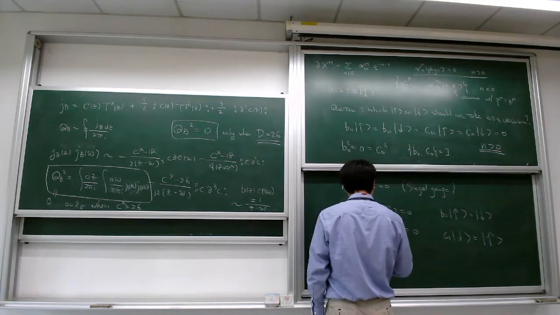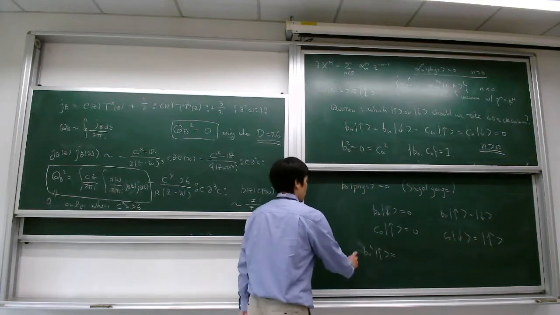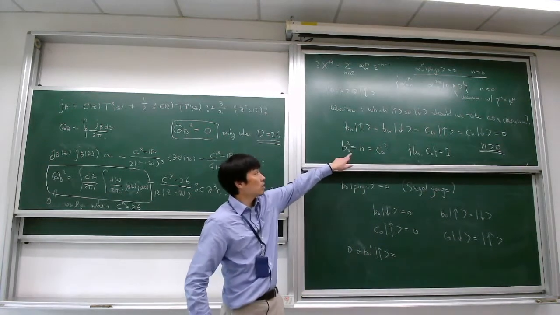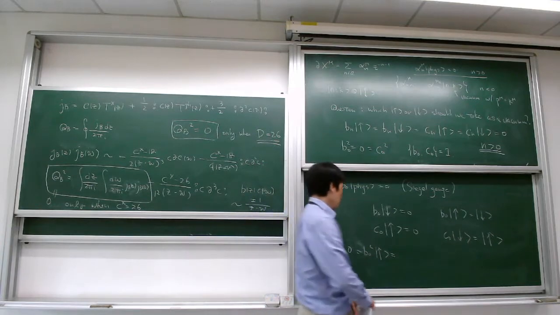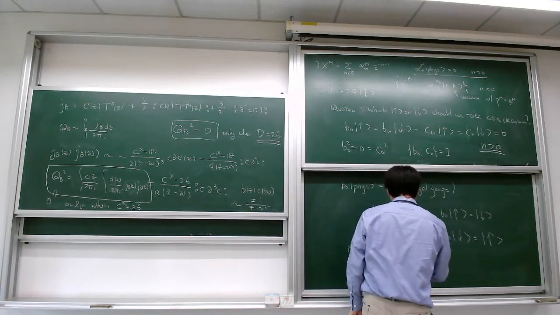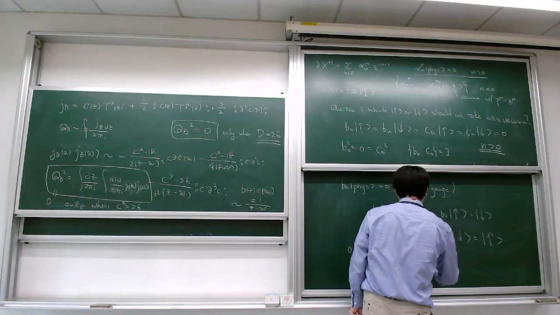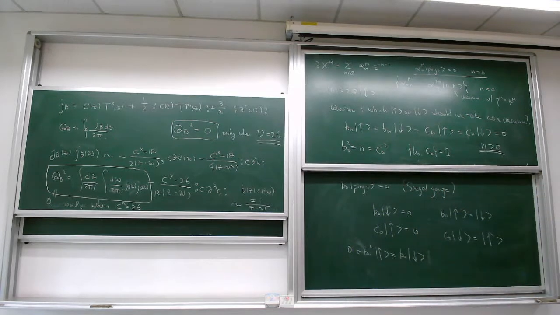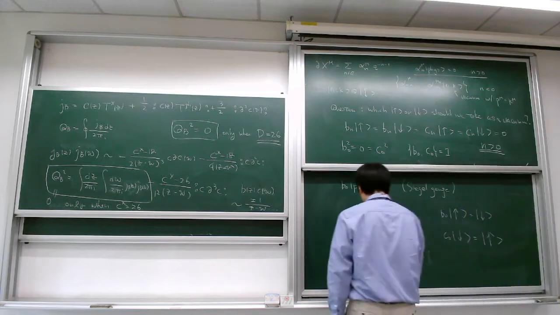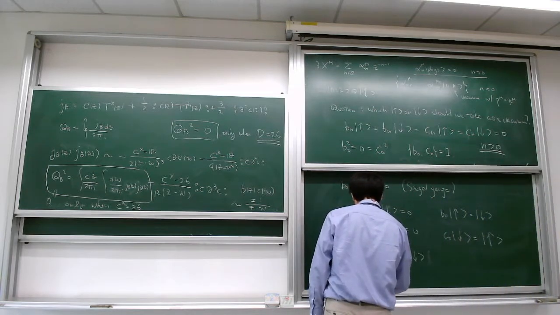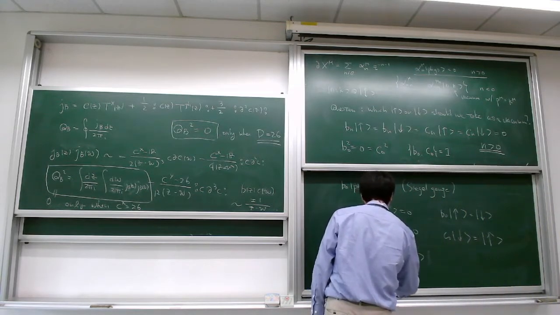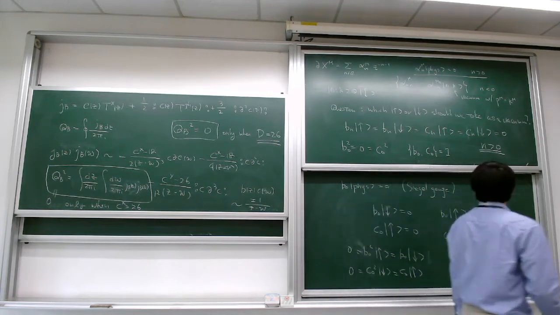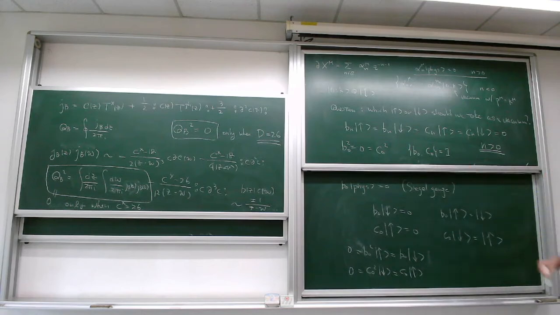Since b0 squared is equal to 0, this should be 0, and this b0 acts on the spin down state, you get 0. That's the consistency condition. You can do the same thing for c0 squared, which is equal to c0 on the up spin.